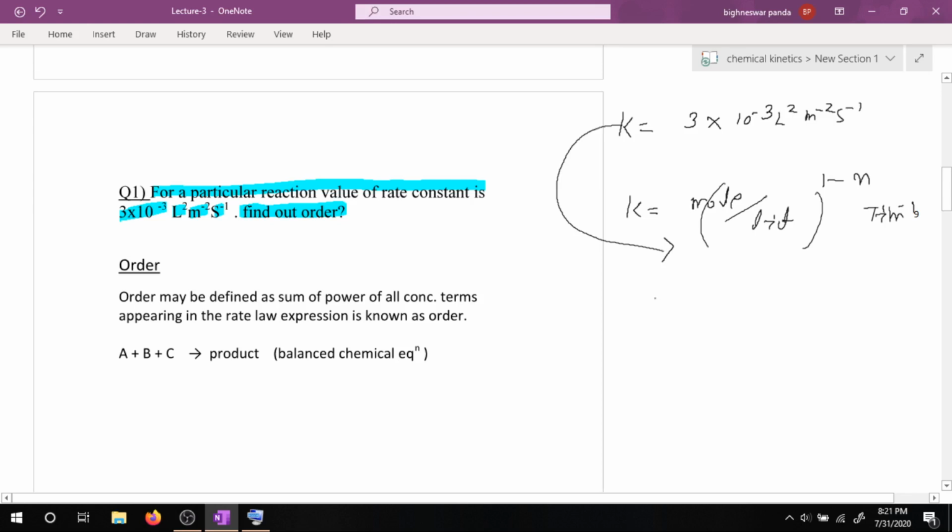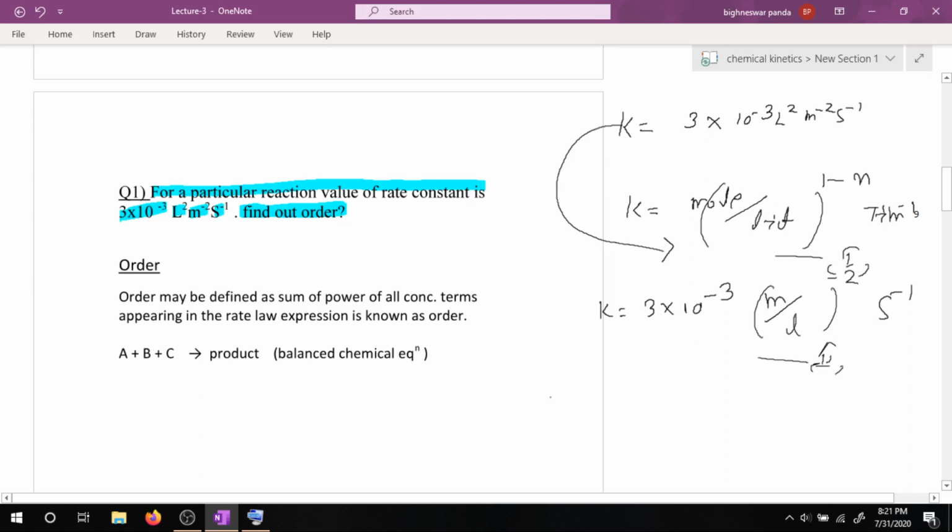K is equal to 3 × 10^-3 (mol/L)^-2 s^-1. This is equation 1.